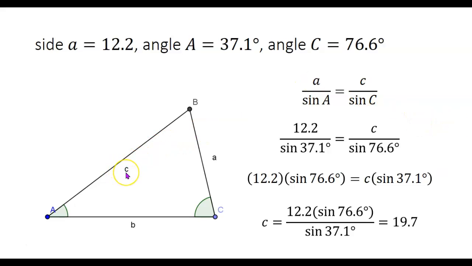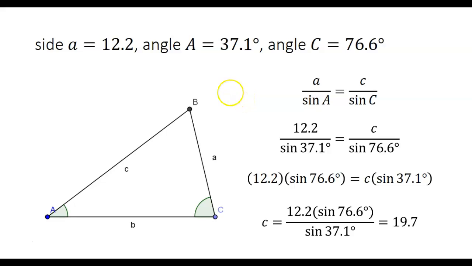So now we know little c. What we still have to find would be little b and big B, the side and the angle. If we don't know either one of those, how can we set up our law of sines to find them?